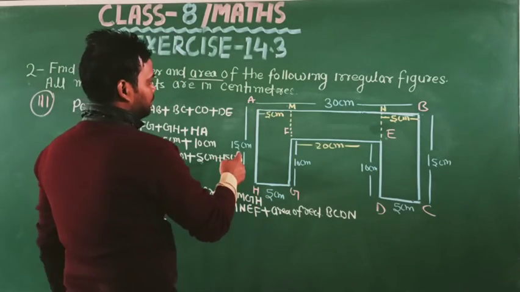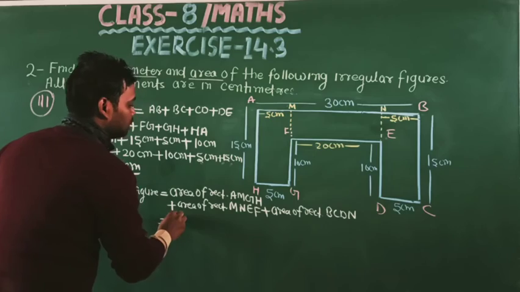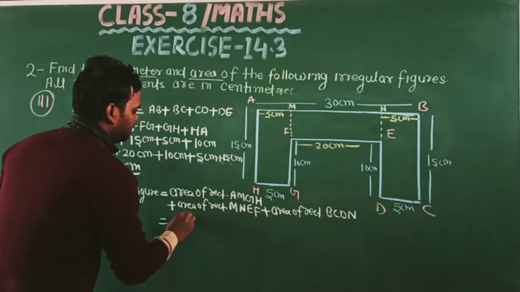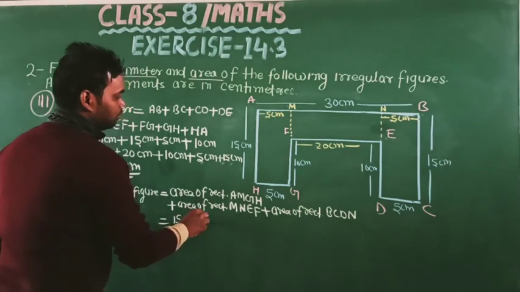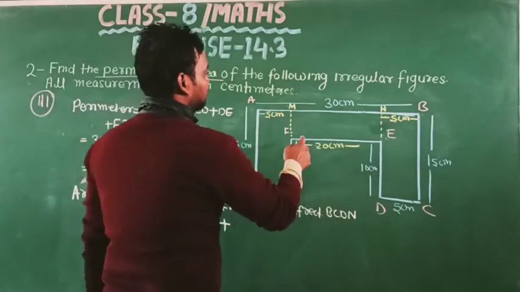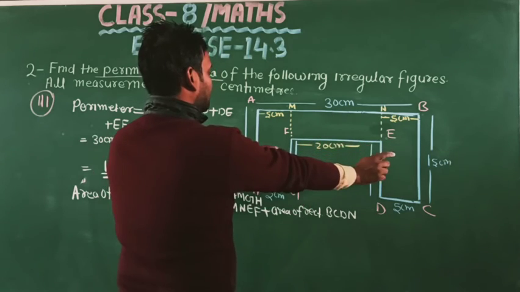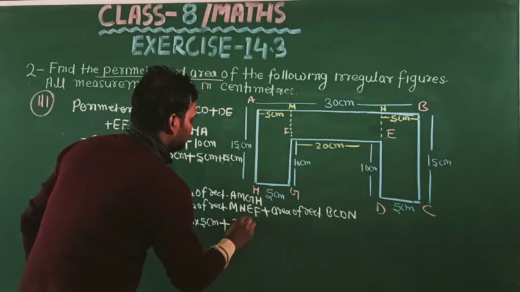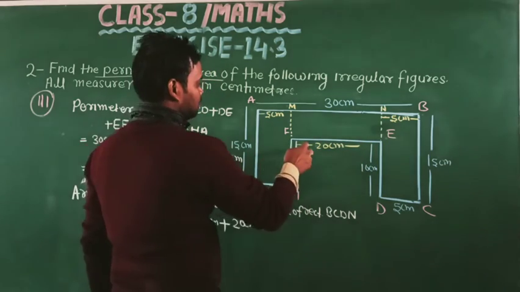Okay, so 15 centimeter into breadth 5 centimeter plus, the breadth is given 20 centimeter and length is 20.